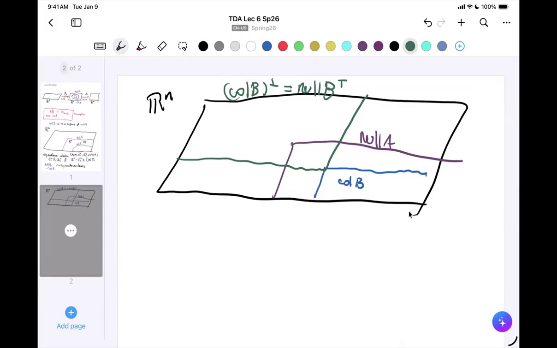Basically the idea is that the quotient corresponds to the orthogonal complement of the column space, but only the part that already lands inside the null space, because we're doing the equivalence relation only in the null space. So there's kind of this overlap region.